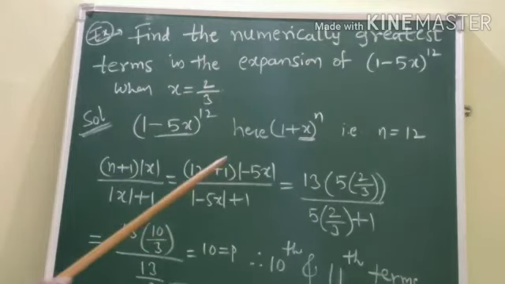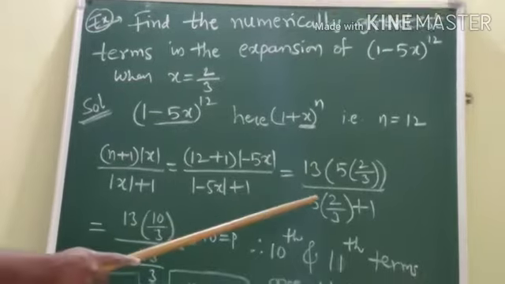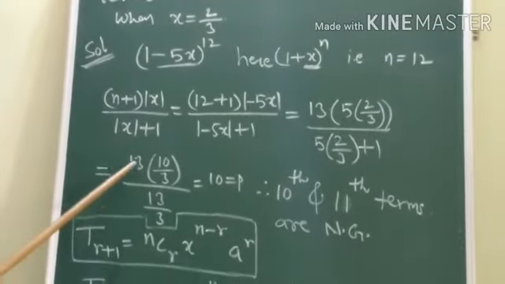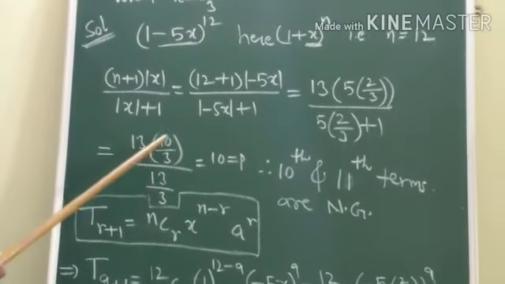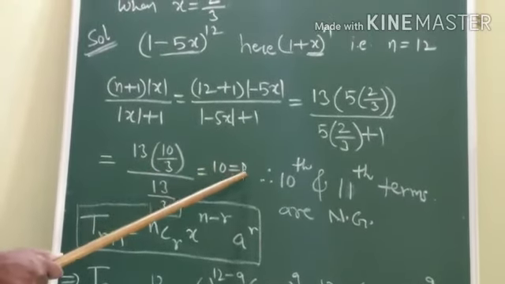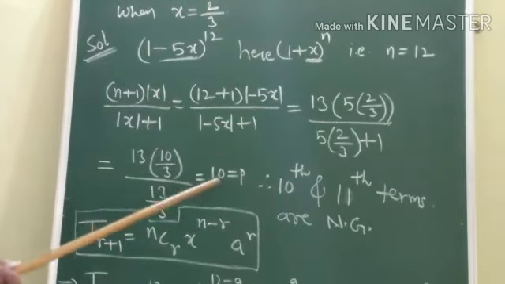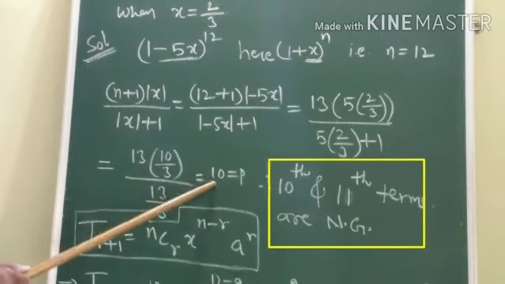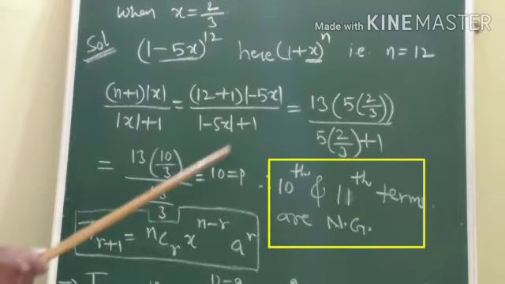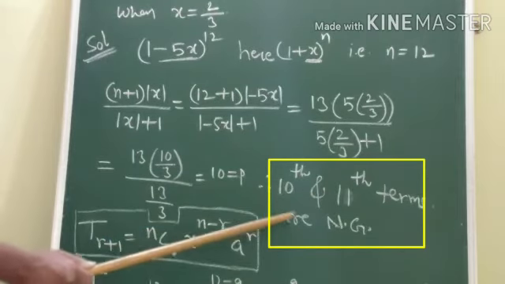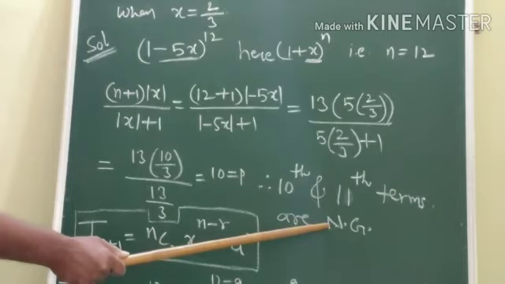That means 13 times 10/3 over 13/3. 13/3 gets cancelled, remaining 10. That means the p value is 10. Here p is a positive integer, so we get two numerically greatest terms, that is the 10th term and the (10+1) 11th term are numerically greatest terms in the given expansion.